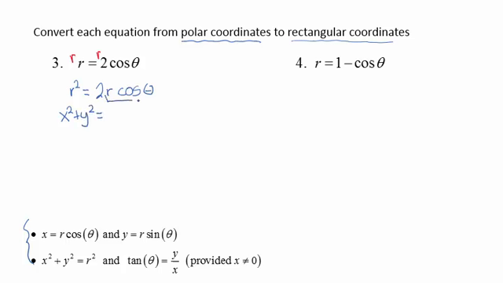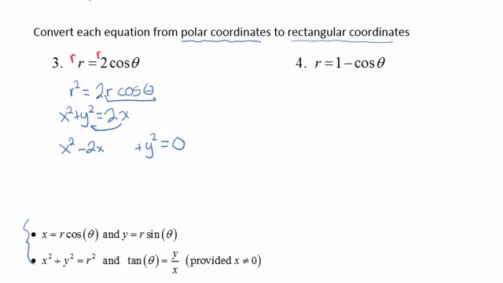And we'll substitute the r cosine of theta with an x. This is now an implicit equation of y and x, but we're going to try and rewrite this in a more standard form. By bringing this 2x to the left-hand side, we can write this as x squared minus 2x plus y squared equals 0.